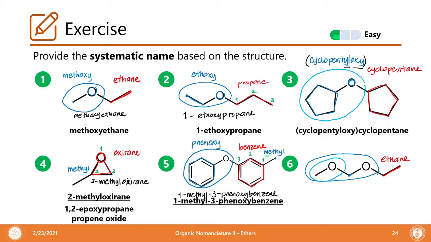And then we name it. So we have methyl here connected by oxygen, a methoxy group, and that methoxy group is connected by another methoxy group. And so this comprises a complex substituent, so we have to close it in parentheses.